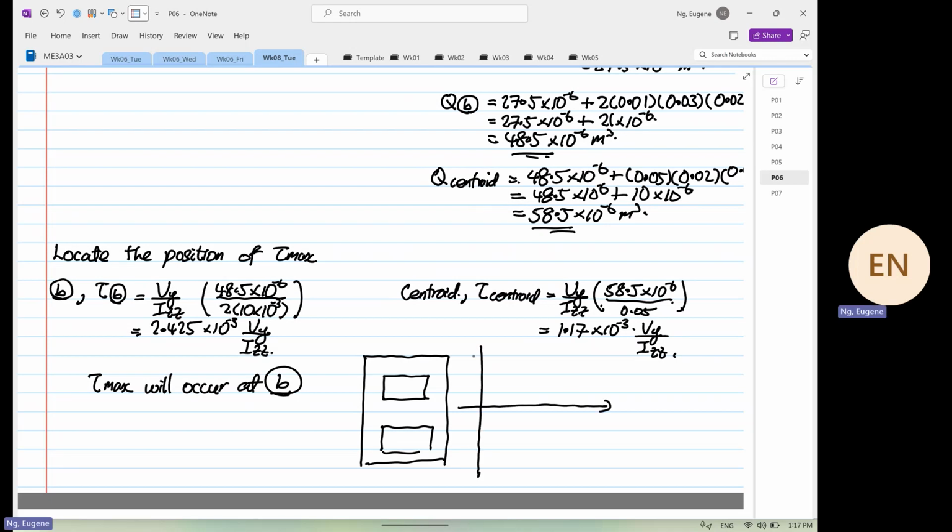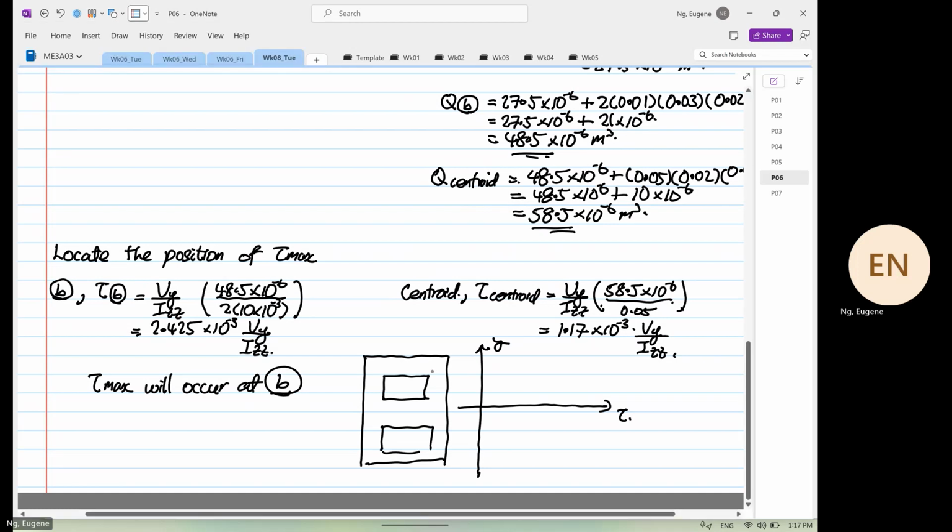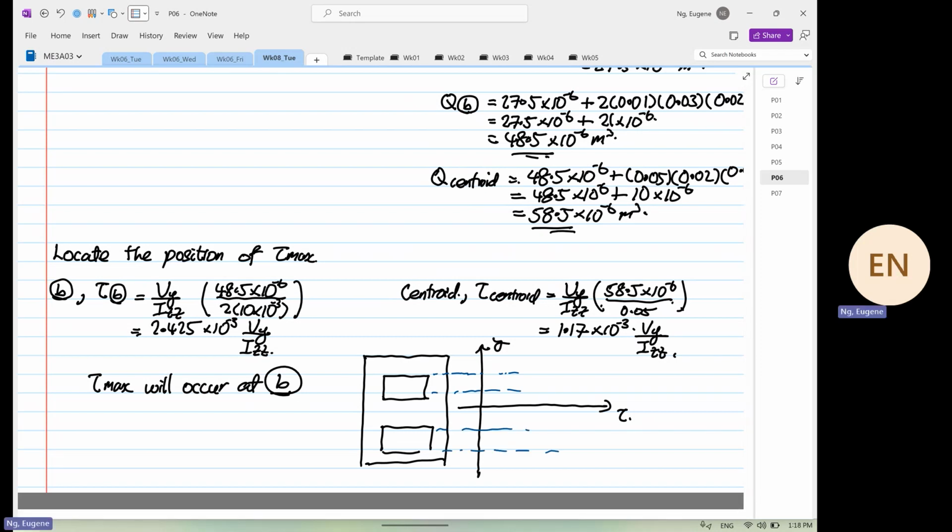Don't die yet. Stay with me. Okay. So now what I want you to do is, how does the shear stress distribution look like? Yes or no? So you have to visualize.